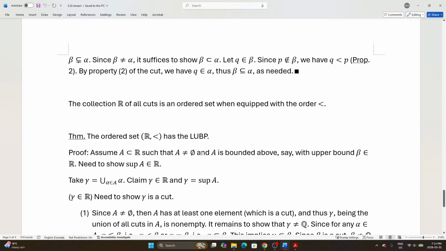Now, if that's true, there is another cut in R that serves as the least upper bound of A.